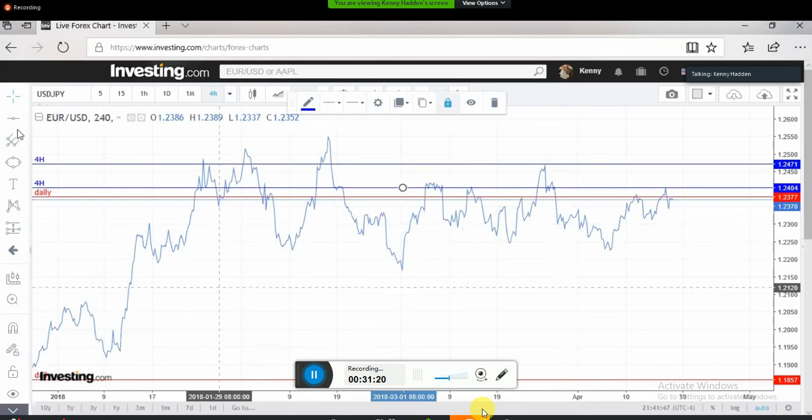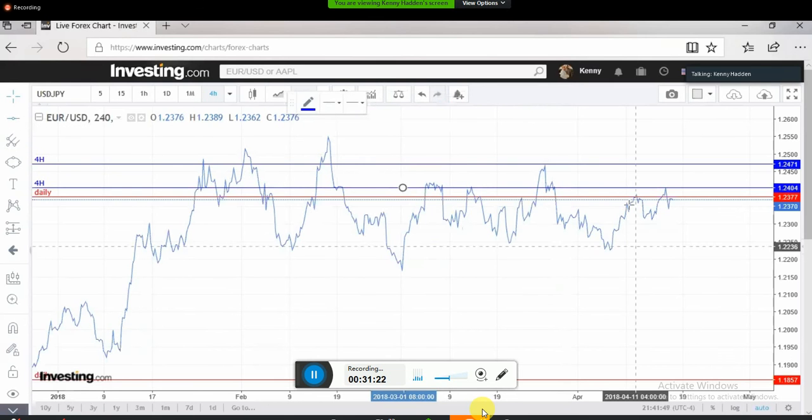So since I got 2 right there, I'm gonna go down below the daily support and resistance line right here, and then I'm gonna try to find a couple more, about 2 or 3.